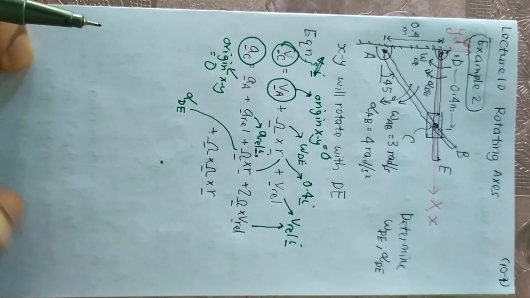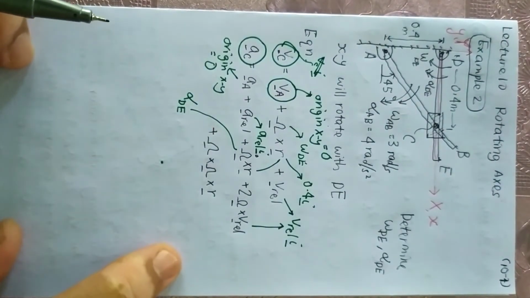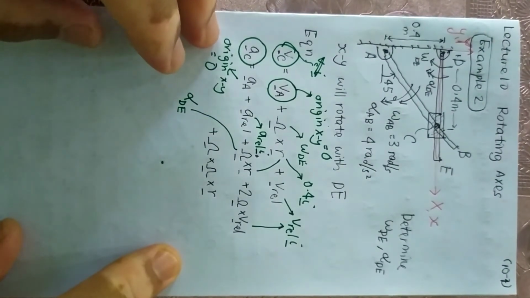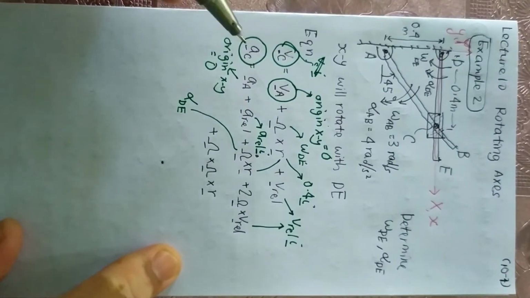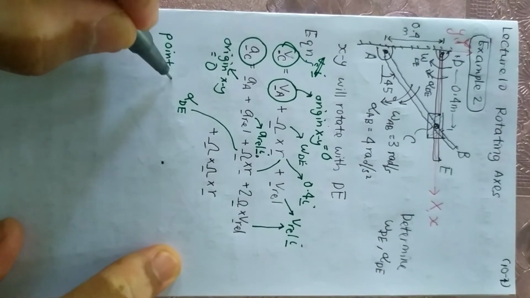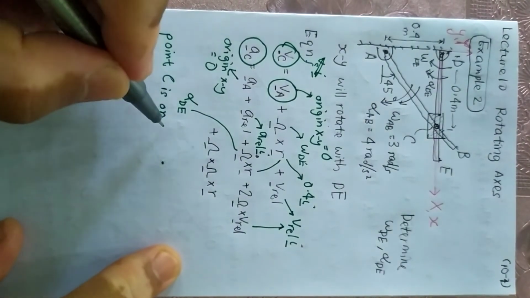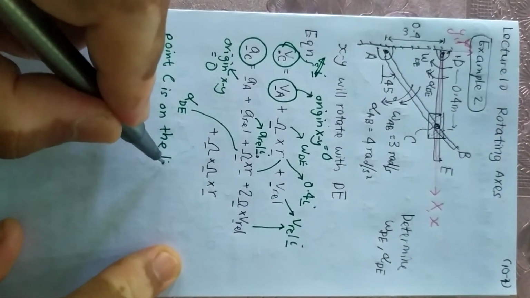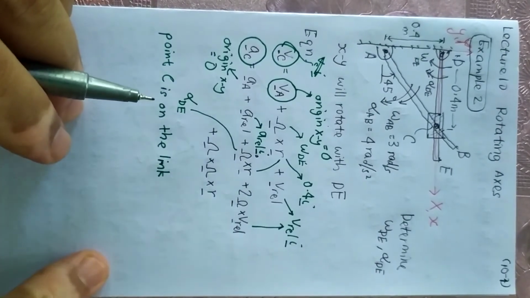For the trajectory of VC and AC, we must know where point C is. Point C is on the link. Which link? It will be AB.